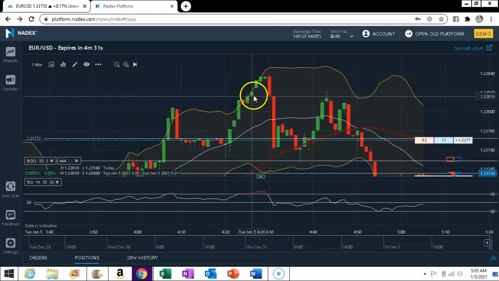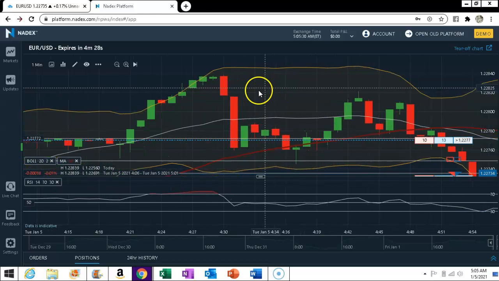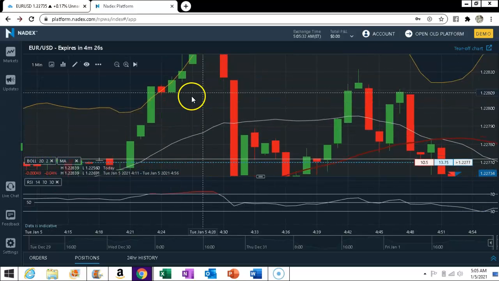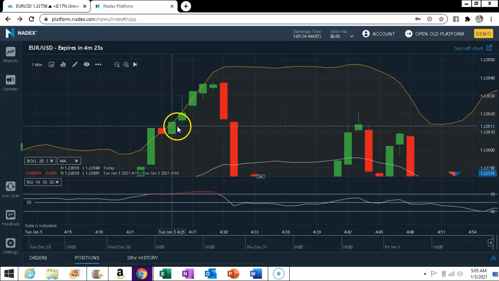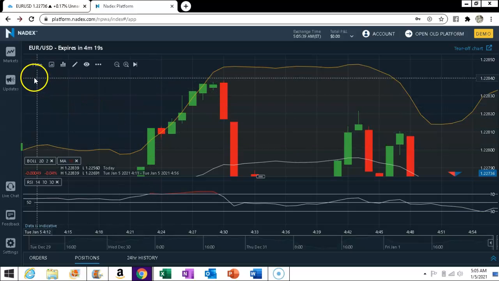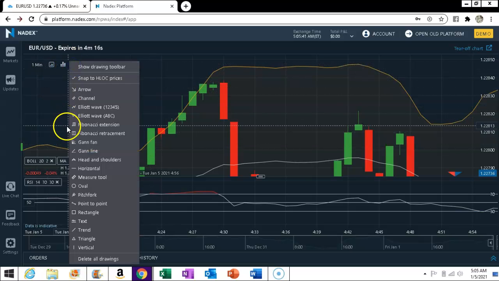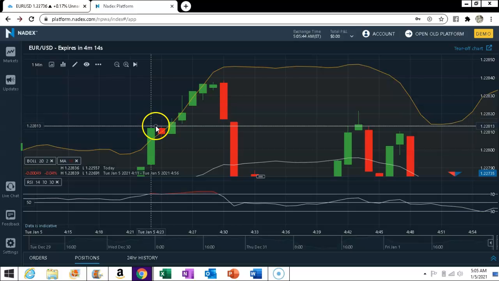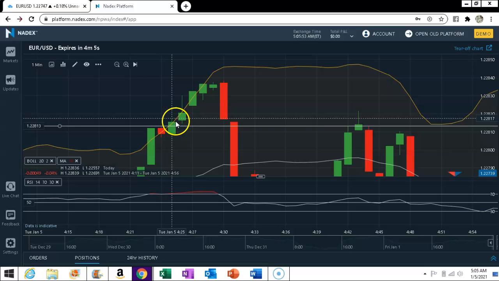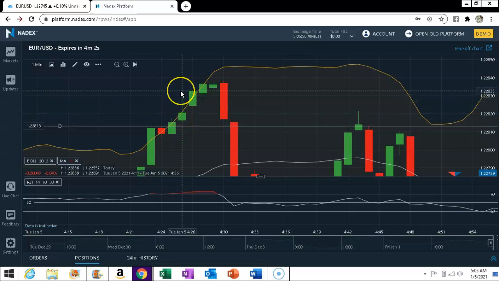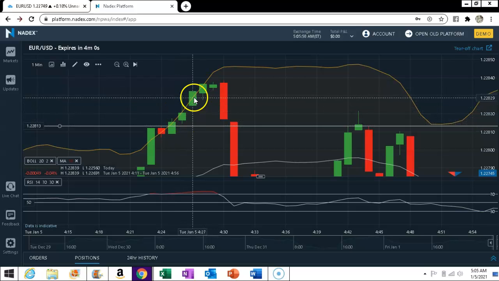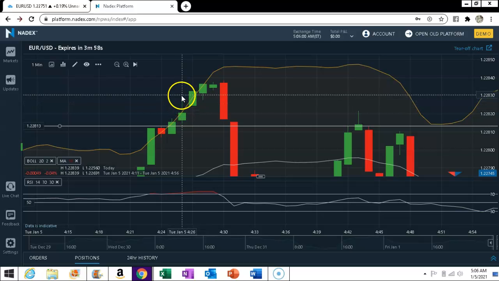So right here, price went up and closed above this wick right here. One of the strategies that we discussed. Okay, so when price closed above this red wick, this candle was a buy. As this candle bought up, price was continuing up, even though you got selling pressure right here.